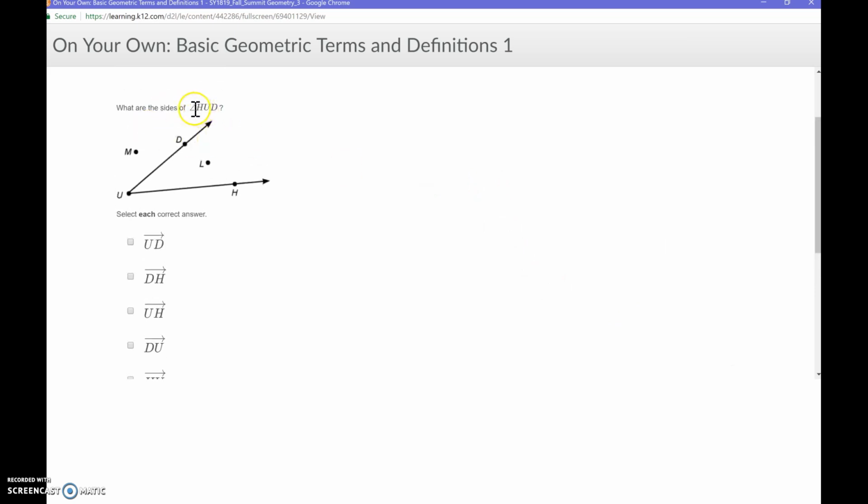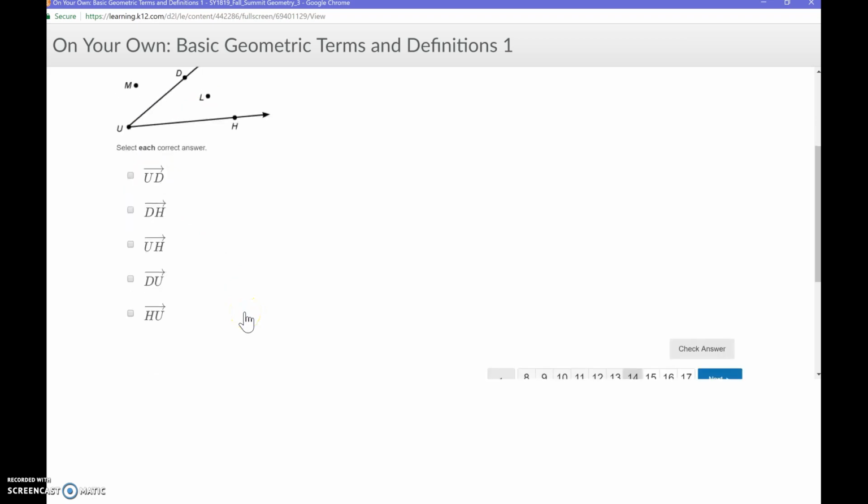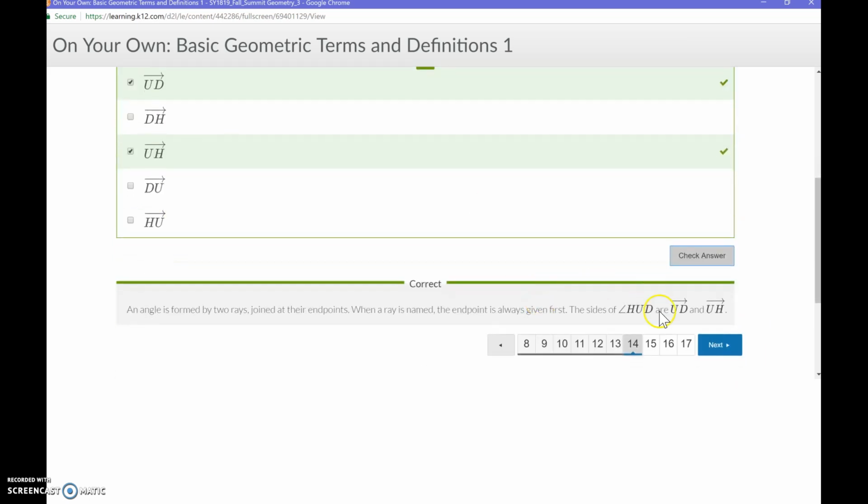What are the sides of angle HUD? Once again, we know our endpoint is U. So it could be this one. There's only two it could be. So UD and then UH. Let's check. Excellent.